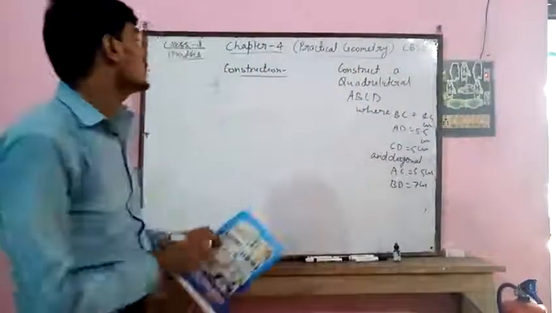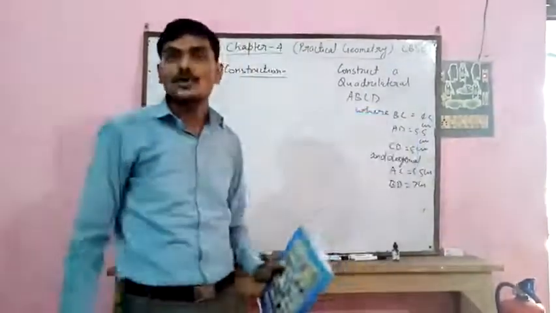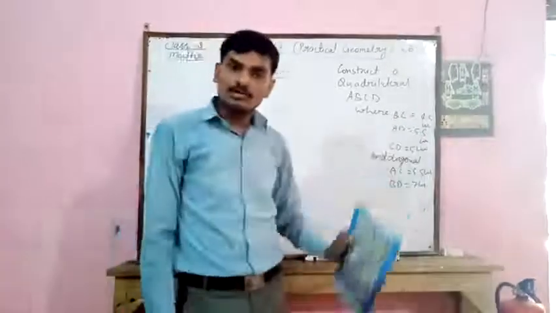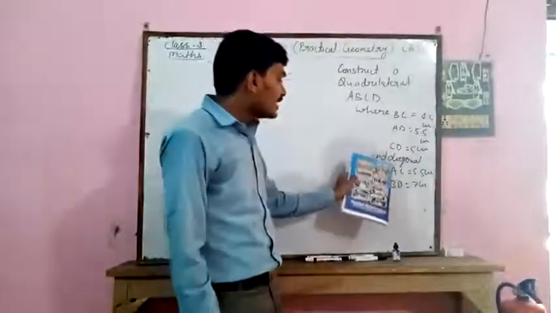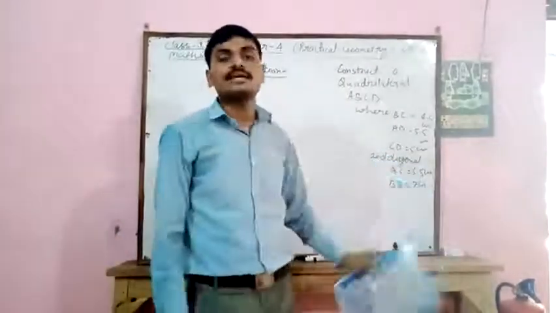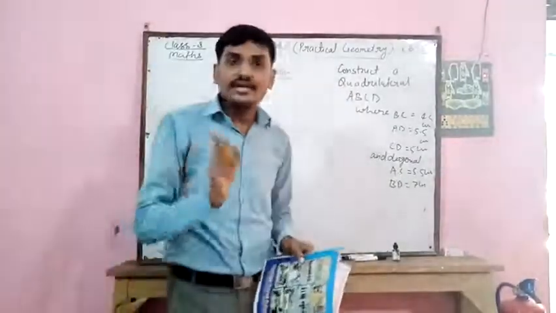Now second construction, construct a quadrilateral ABCD where BC is equal to 4.5 cm, AD equal to 5.5 cm, CD equal to 5 cm, and diagonals AC and BD which are given as 5.5 and 7 cm respectively. So you have to draw the quadrilateral ABCD.